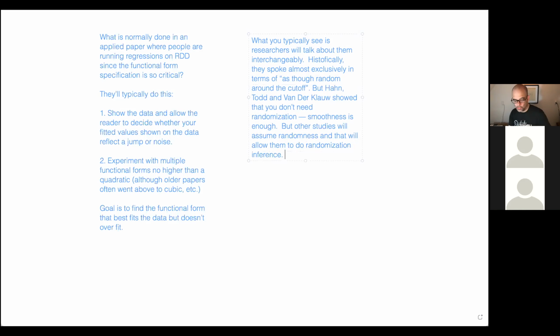Largely I am influenced by what I've read of Hahn, Todd, and Van der Klaauw, but there is a diversity of authors that use these assumptions differently. So it's enough to speak in terms of smoothness, but if you're working with that smoothness, you're going to be experimenting with those functional forms.